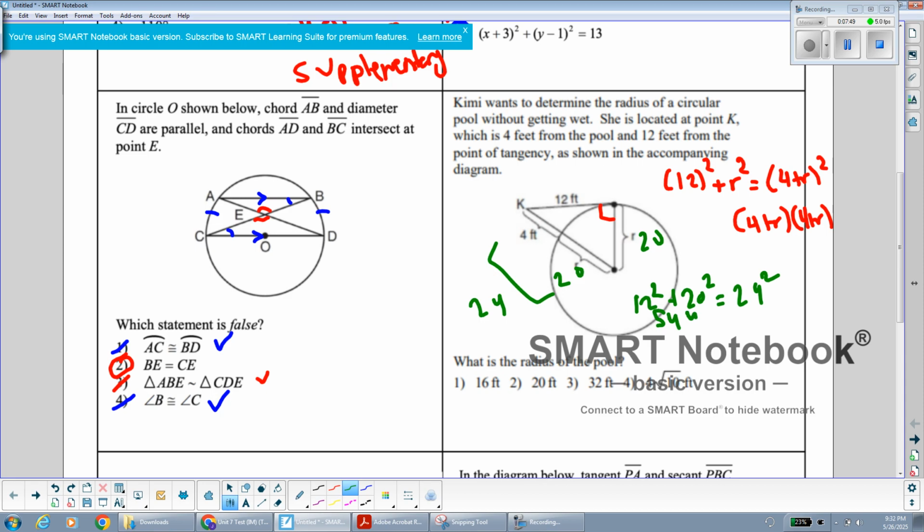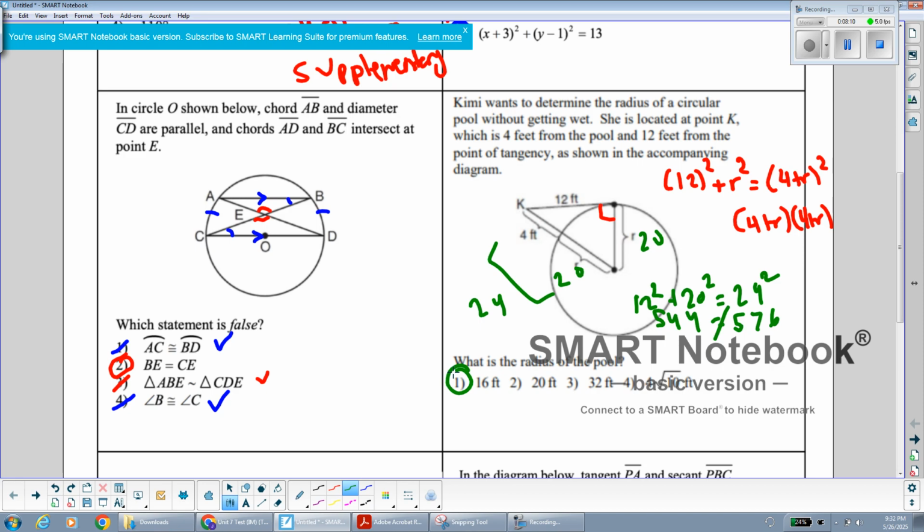That's 544. And let's see what 24 squared is. 576. So those are not equal to each other. You can also try the same thing with 3 and 4, and you should find that it does not satisfy the Pythagorean theorem. Only answer choice 1 is going to satisfy the Pythagorean theorem.